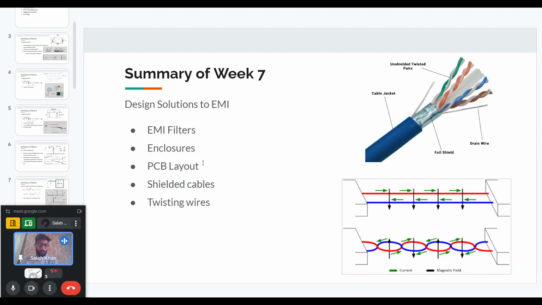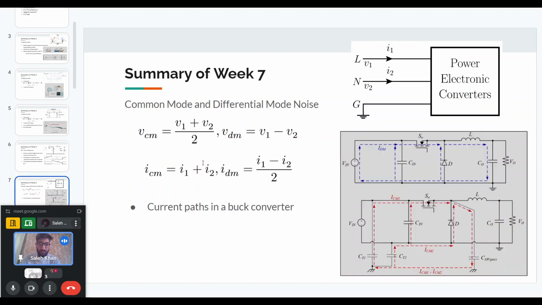Next is PCB layout. PCB layout is very important because, as we see in the buck converter design, the switch node, this conductor portion, will be a noisy portion because it has high dV/dt. So we want to limit the size of this in the PCB.